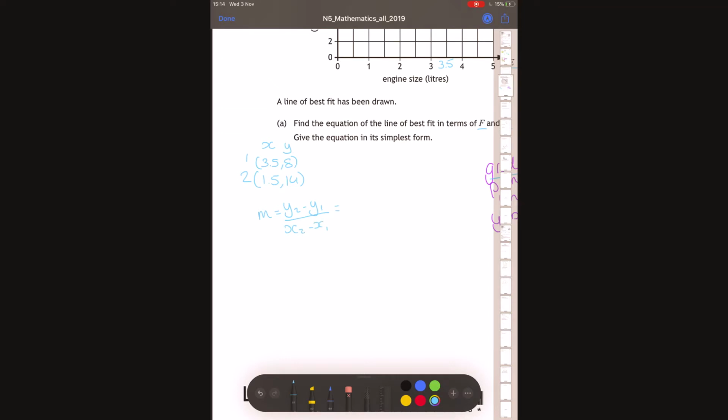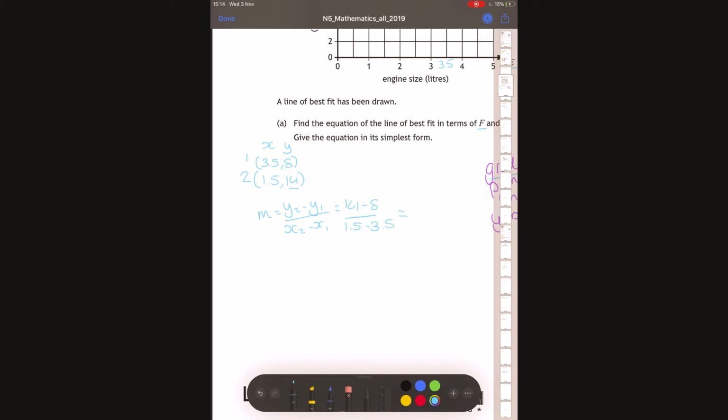What is y2? Well, we can go to our little chart that we created, and we find y, which is 14, and then go across as 2. So that'd be 14 minus 8. And this would be 1.5 minus 3.5.